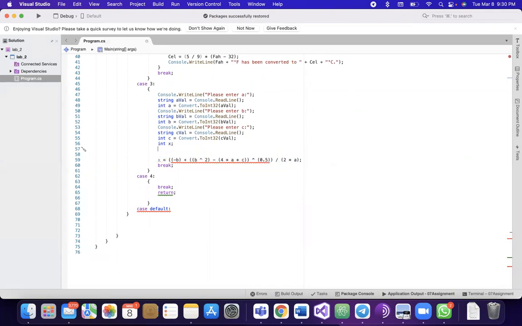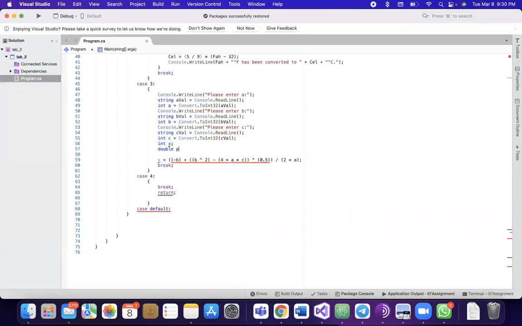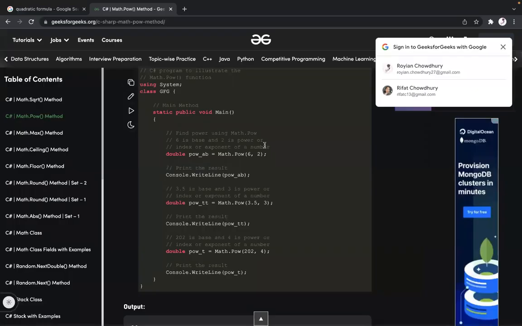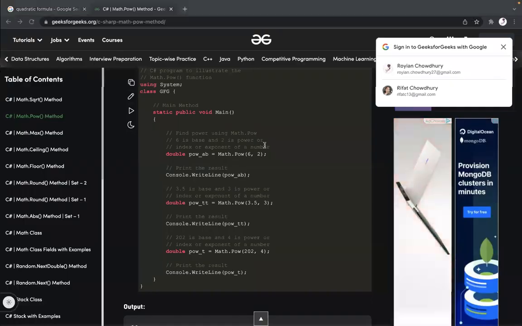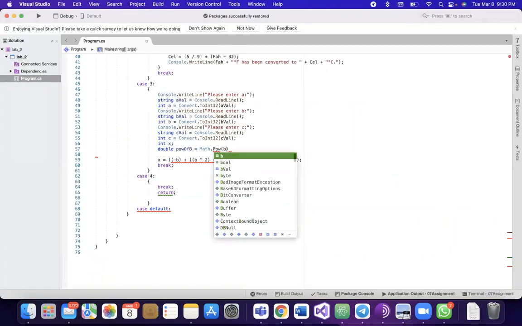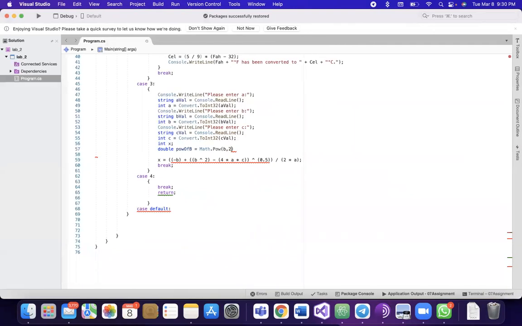So what we were talking about is double. We'll create our power of 2.